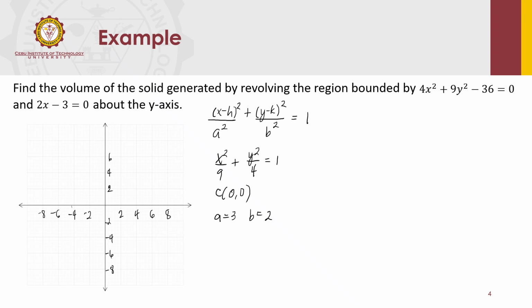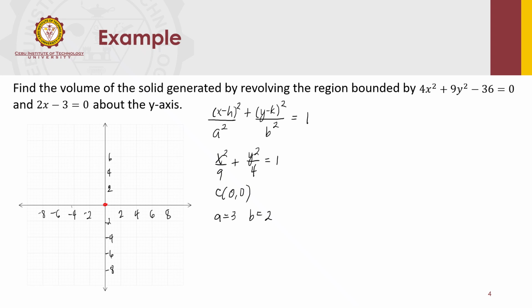So the center is the origin, and since the major axis is horizontal, we have to count these 3 units to the right and to the left, and these 2 units above and below the center.